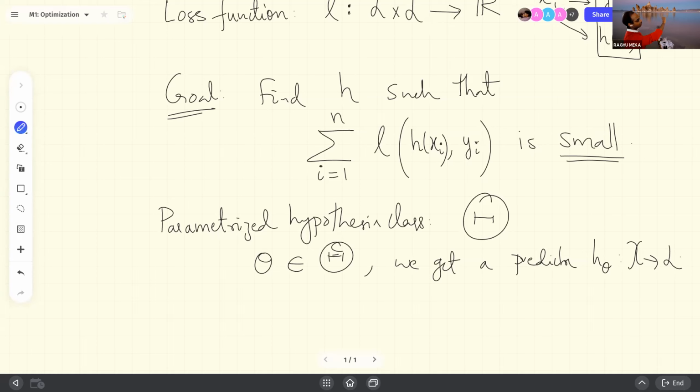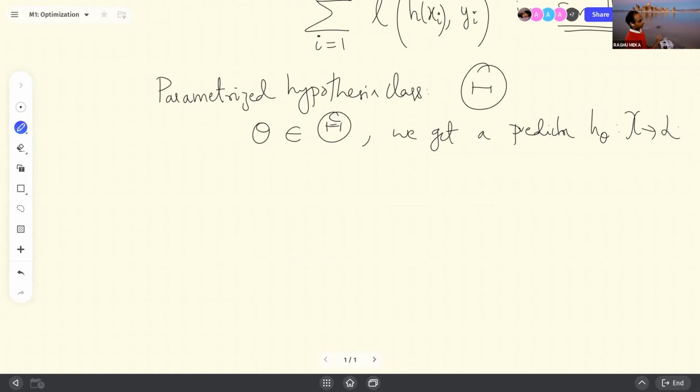How can I reformulate my optimization goal with this assumption that I have some underlying hypothesis class? So instead of just straight up minimizing the loss function, I look for the parameters that minimize my loss function.